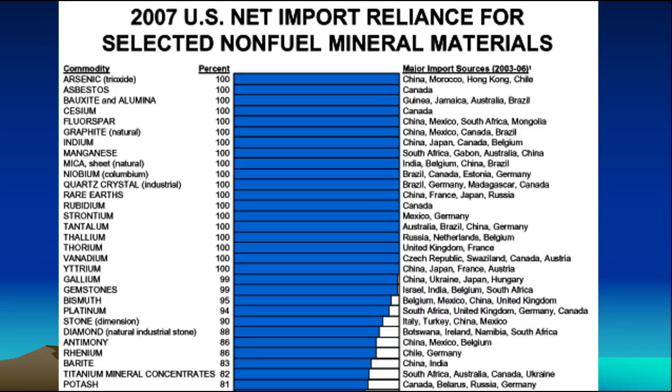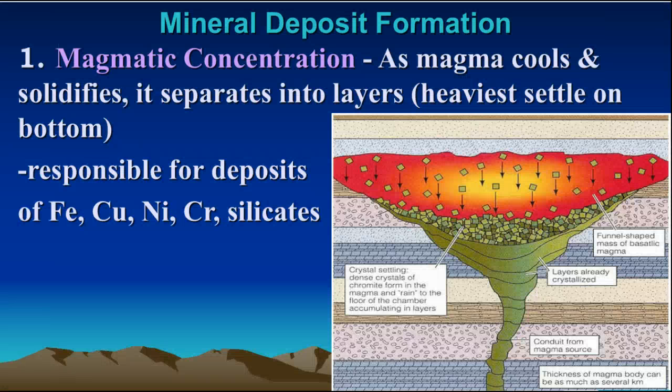So part of the reason why minerals are distributed so unevenly is the way that they form. There are basically 4 major ways that mineral deposits can form, and we're going to list them and go through what they are. The first one is called magmatic concentration, and basically this is happening as magma cools down and solidifies, and this is separating into layers.